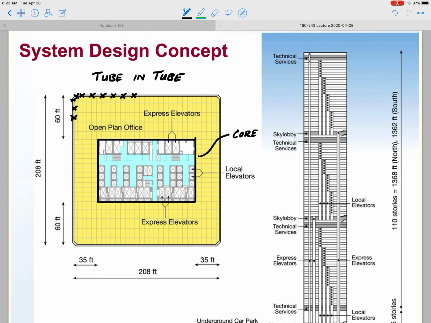That's effectively how they built the outside tube of the World Trade Center. So it was very efficient, in fact.